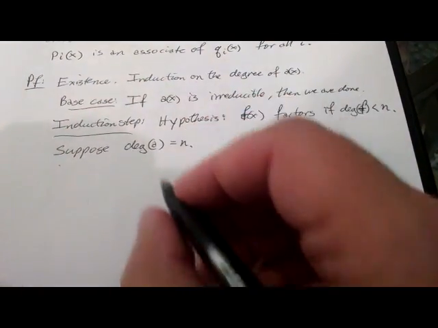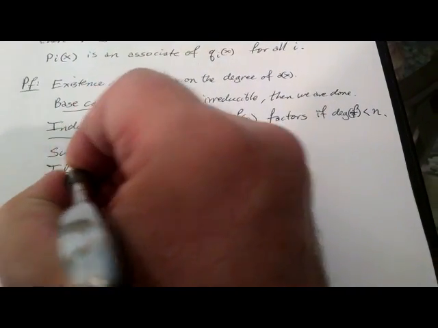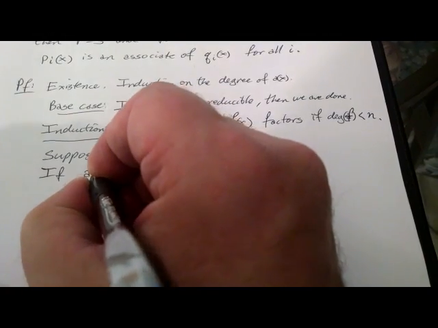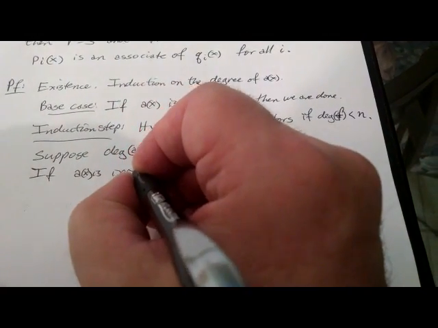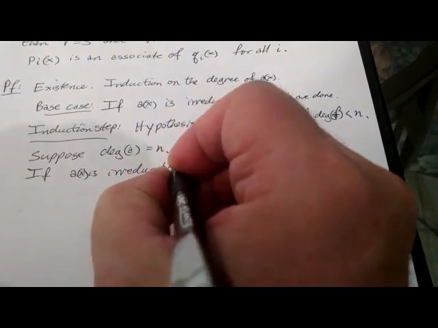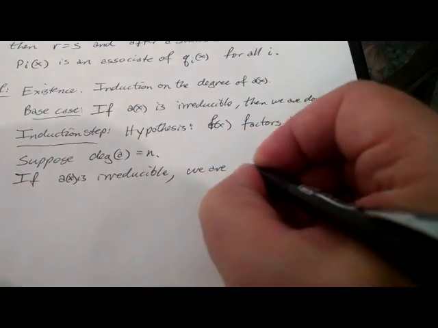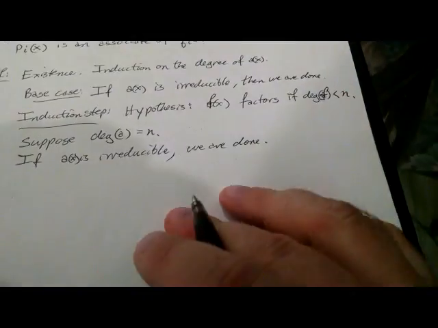First of all, if a of x is irreducible, we are done. That's our base case.